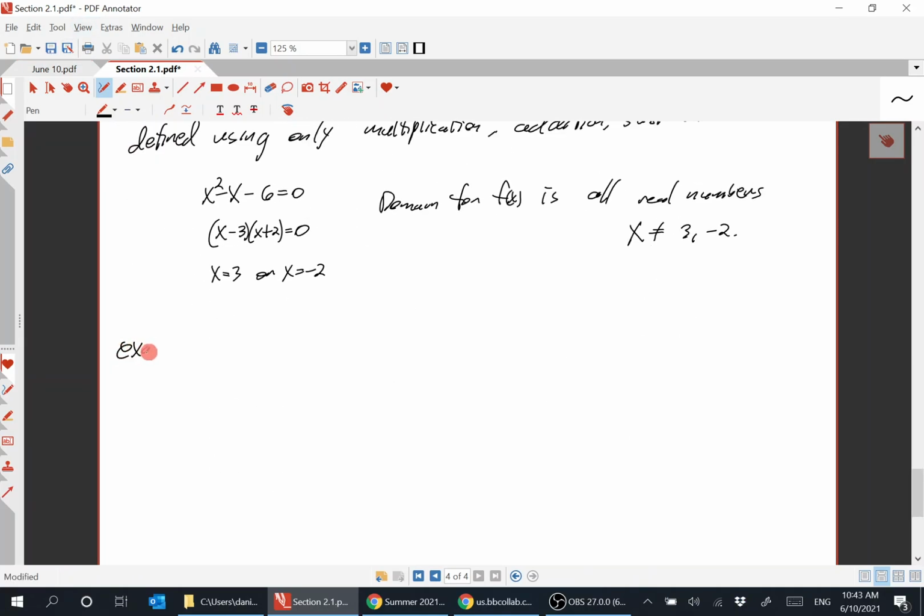How about this? It's a very similar kind of example. Square root of x squared minus x minus 6. Well, what would I need for this to be defined? Find the domain.